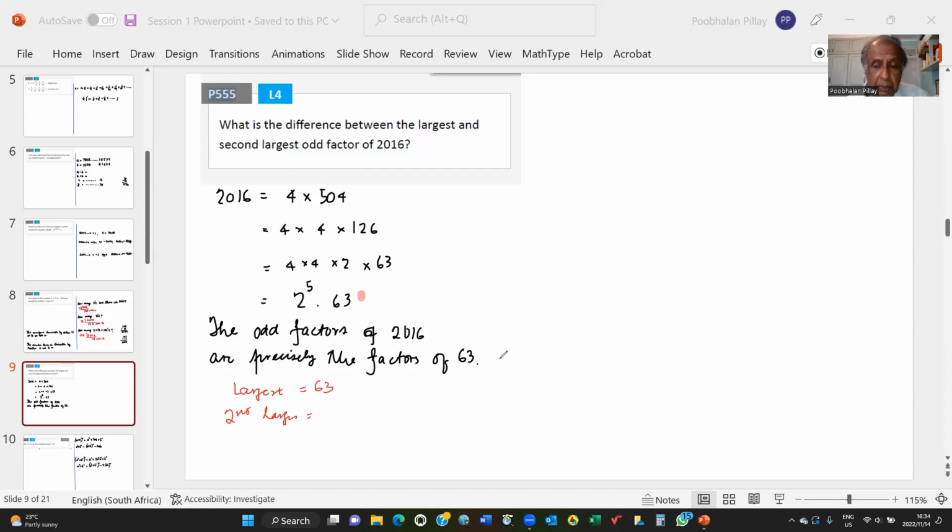So this is 3 times 21. And this is evidently the second largest factor. And the question is, what is the difference between the largest and the second largest? And the answer is 42.